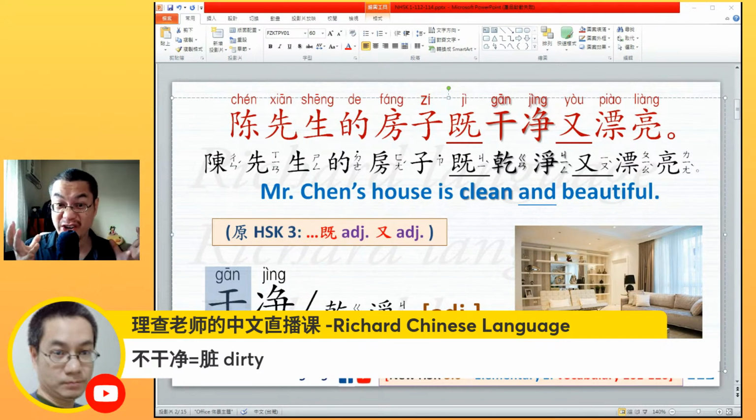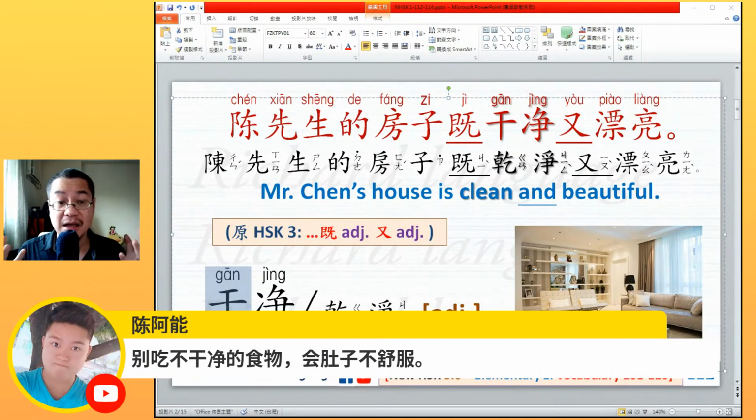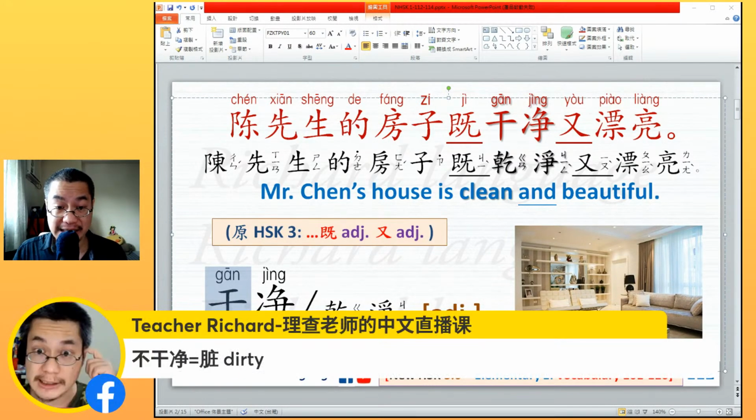You can use it for water. 不干净的水, like dirty water. Or 不干净的食物, like dirty food. So we can use 不干净 and refers to dirty or 脏.